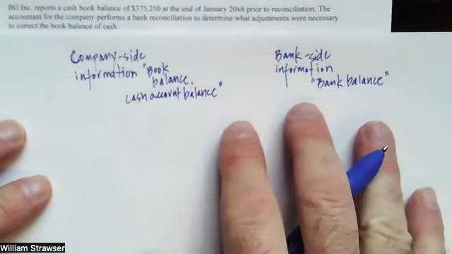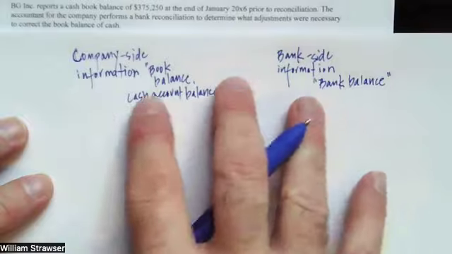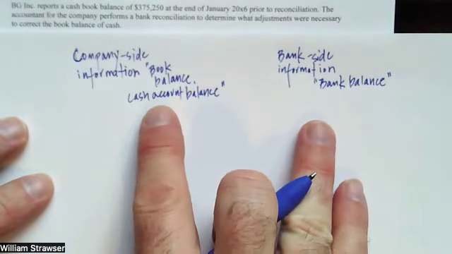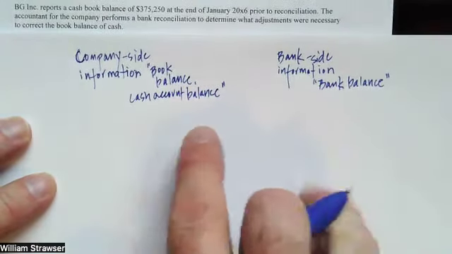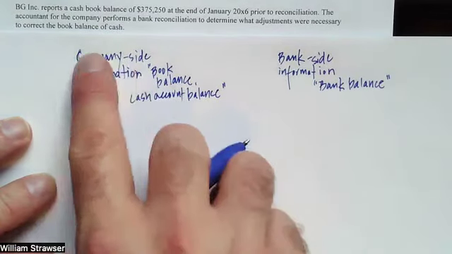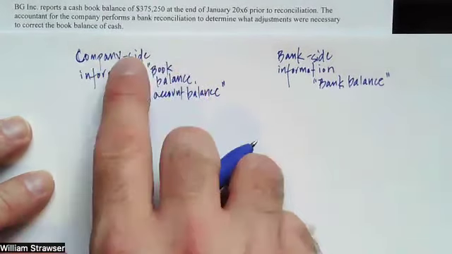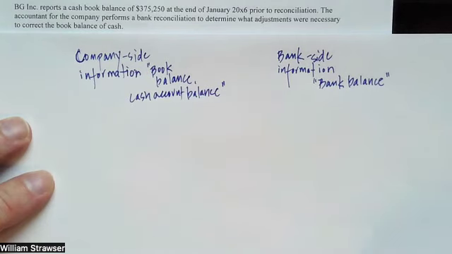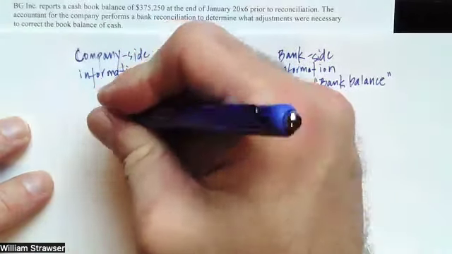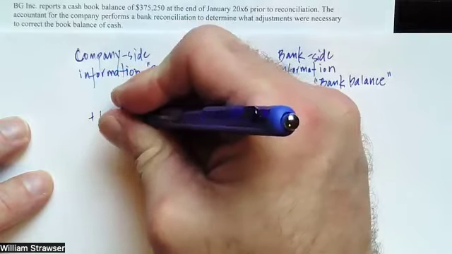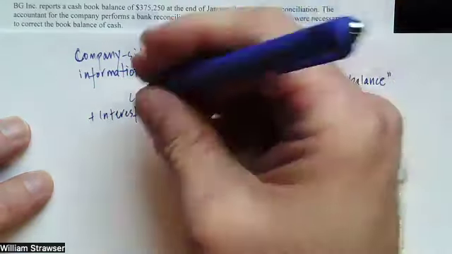We're going to take these two separate sources of information and then apply items. For example, the company has a lot of knowledge about the checks it's written and the deposits it's made, but it doesn't have certain information that it needs from the bank. For example, it doesn't know how much interest might have accrued in the bank account.